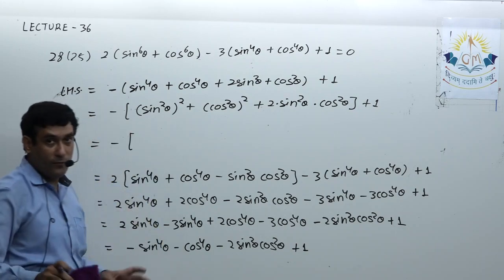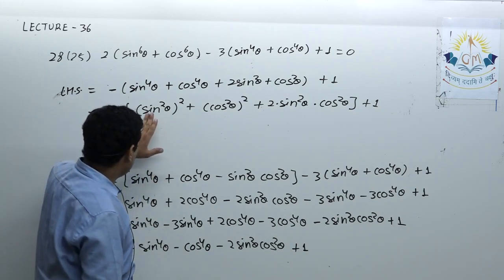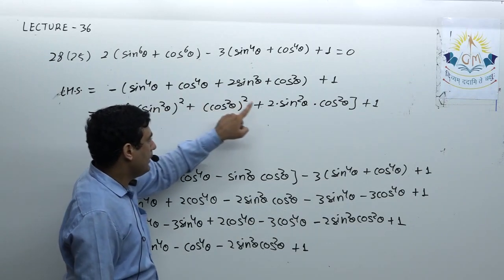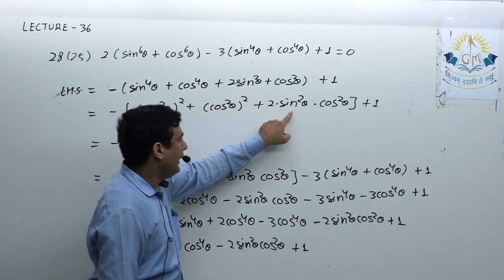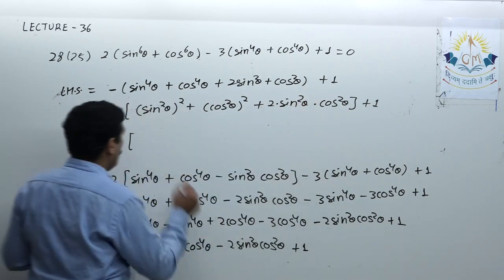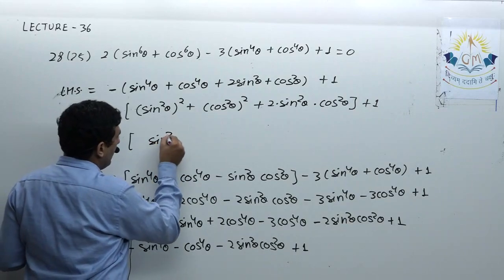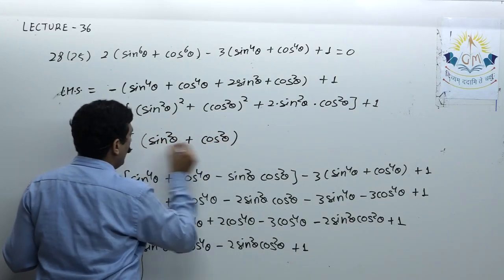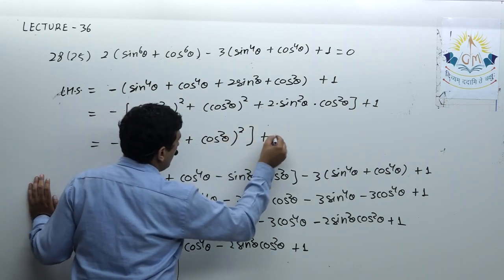See, if you observe, this is just an identity, a square plus b square plus 2 into a into b, that is a plus b whole square, where a is sin square theta and b is cos square theta, so a plus b whole square plus 1.